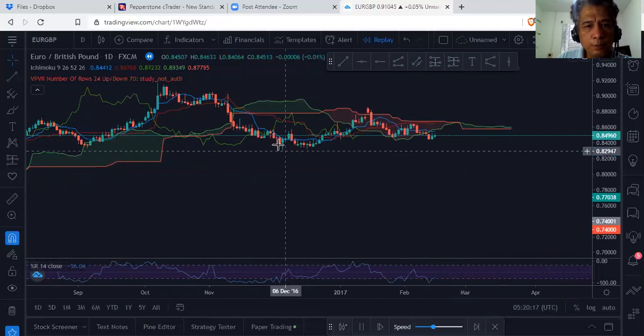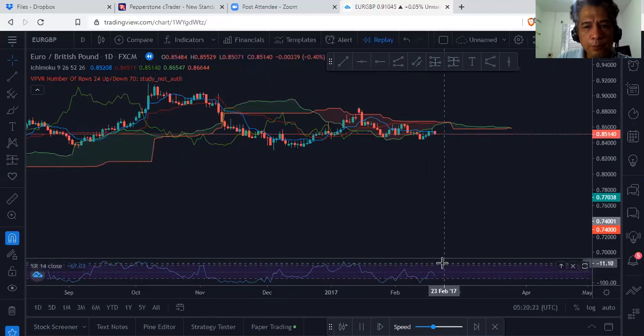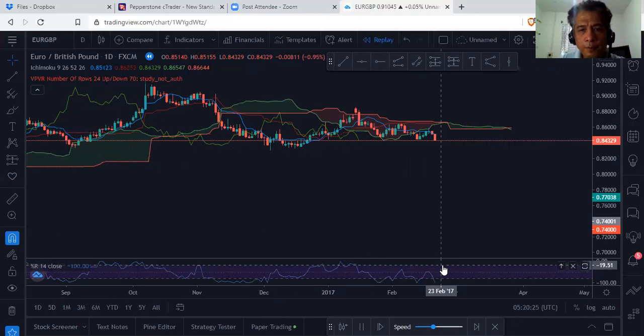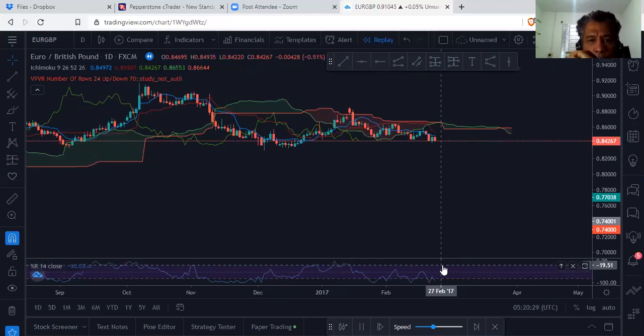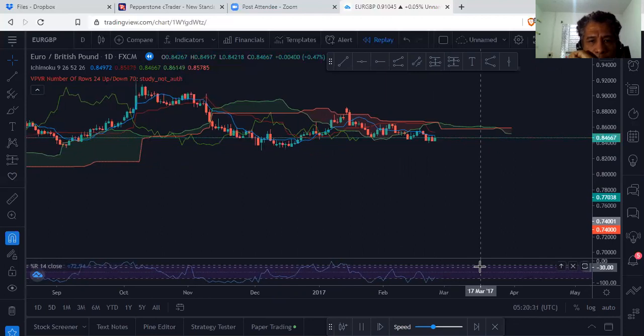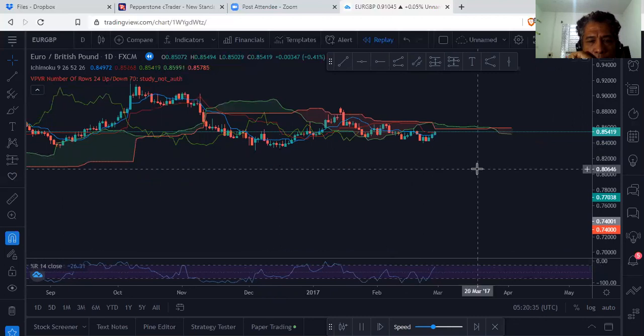One, two, three. Williams is up. I have to wait for the Williams to go up here before I have my long or short entry. Very thin, so the market can go up and go down in this location.